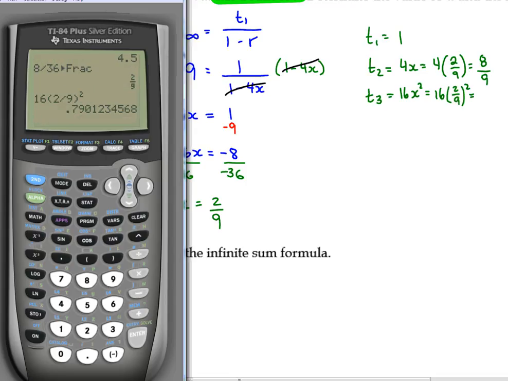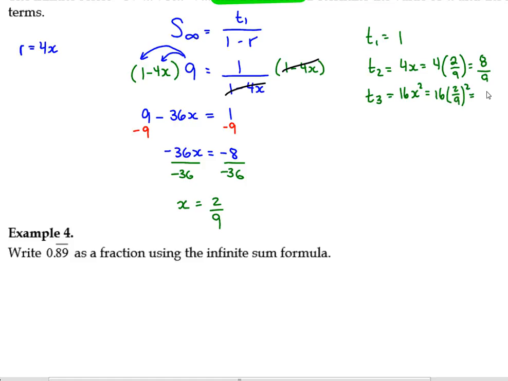To avoid a decimal, we push math, enter, enter. 64/81. We can see that our common ratio is 8/9, so we're multiplying the numerator by 8 and the denominator by 9.